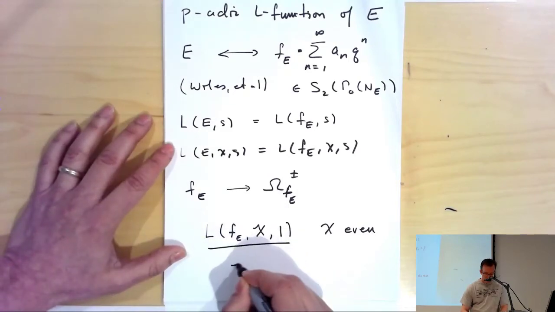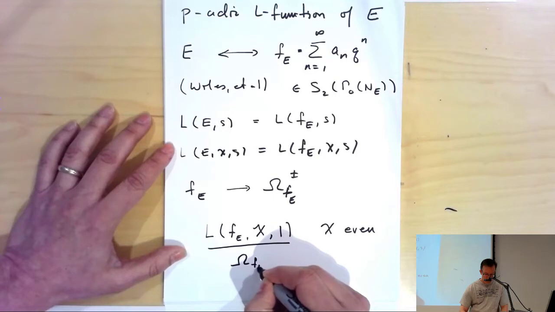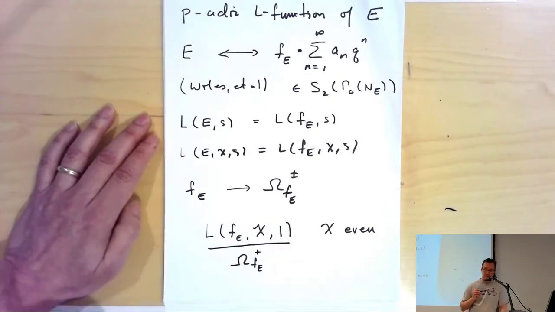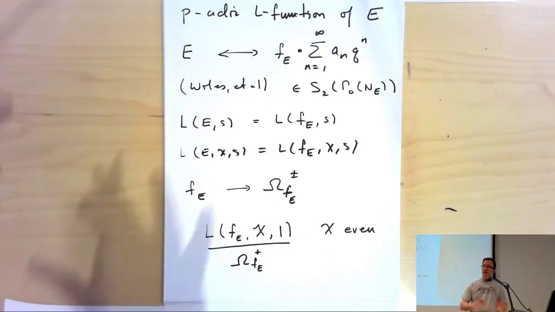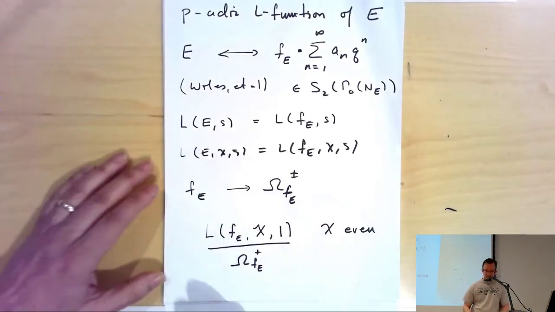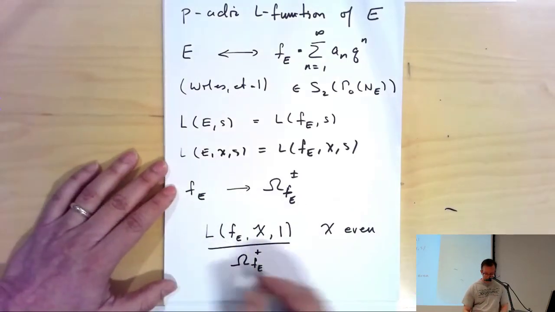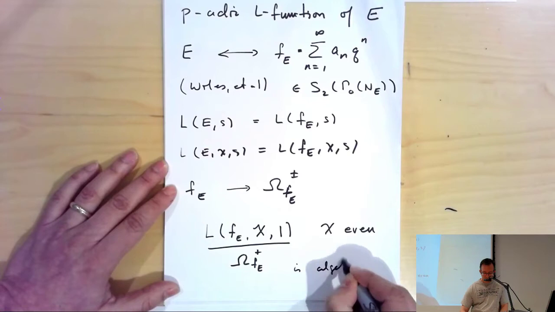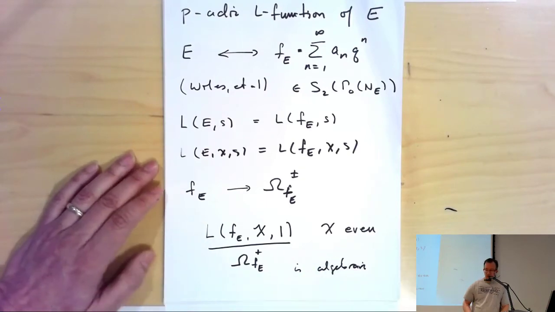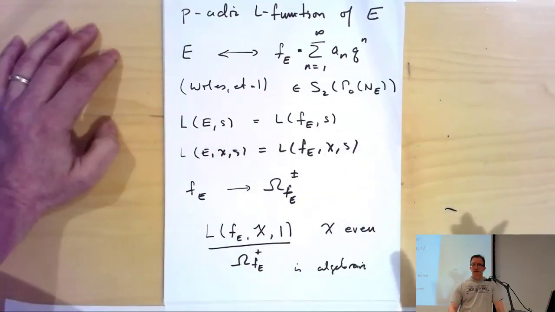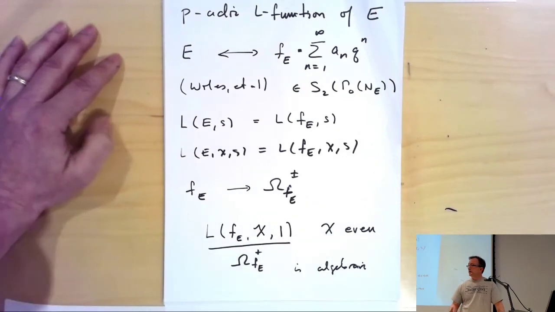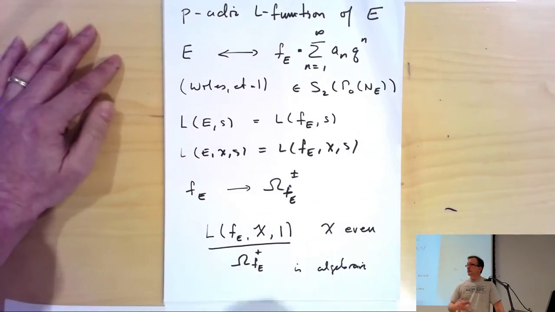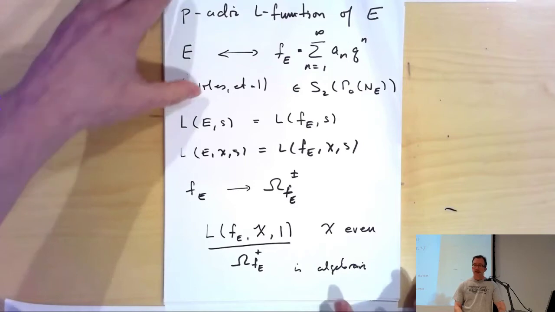And the point is that when I normalize by these periods, in this case it would be just the plus period, and if I had odd characters I would use the minus period, this is algebraic. And the point of the p-adic L function is actually to show that these behave nicely p-adically. They're interpolated by a p-adic analytic function.